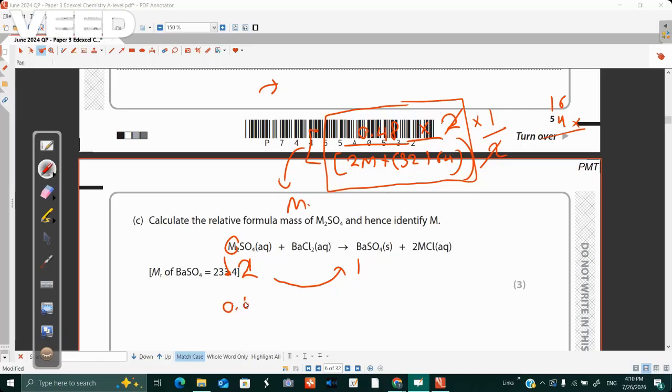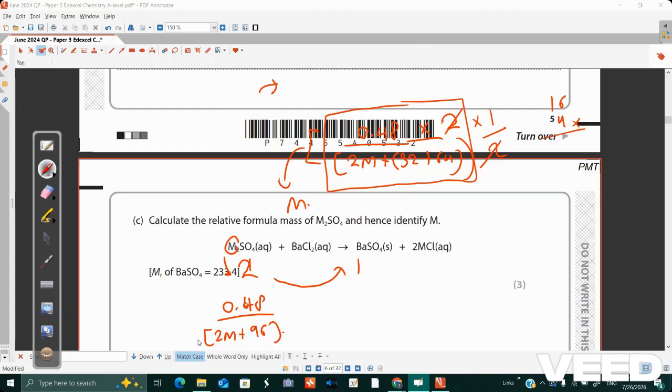So 0.48 divided by 2M. Here you are getting it as 96, right? Okay, and this is the number of moles of barium sulfate, right?